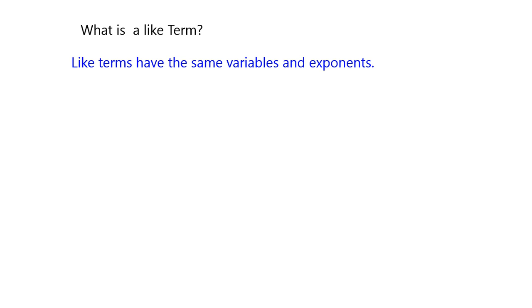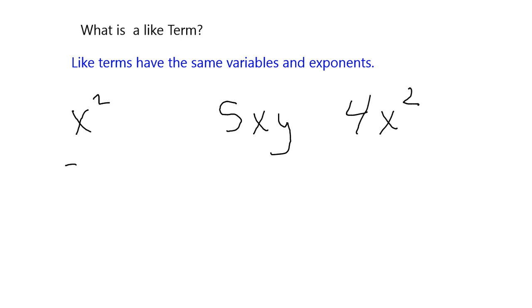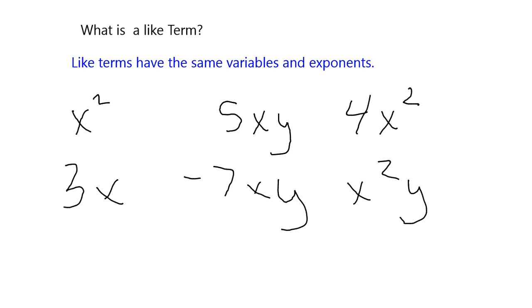So we're going to have an x squared, a 5xy, a 4x squared, a 3x, a negative 7xy, an x squared y, a 3xy squared, and a 20xy squared.